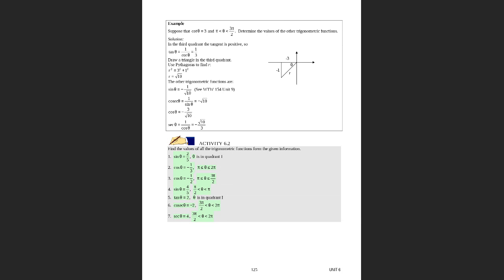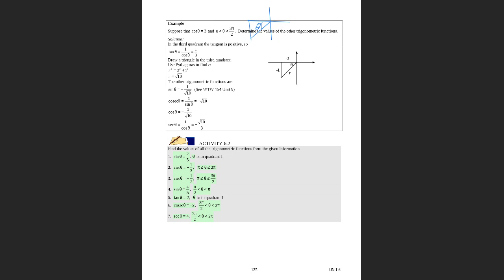So here, if you draw your axis, you are going to have your adjacent and your opposite, and your angle is going to be here.